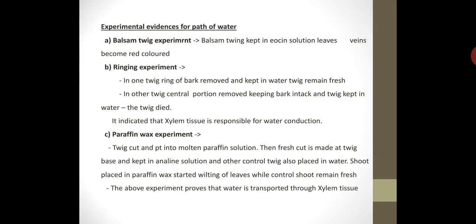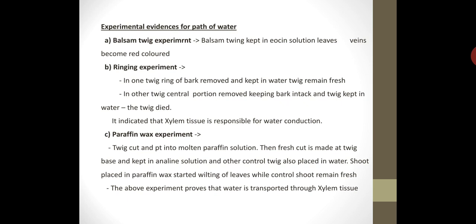The second experiment to prove the path of the water is through xylem is called the ringing experiment. In this experiment, two twigs are taken. A lower transverse cut is given to both twigs.